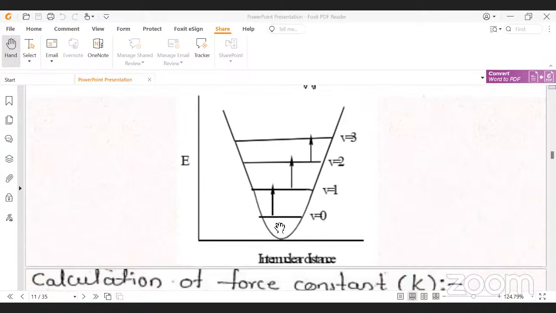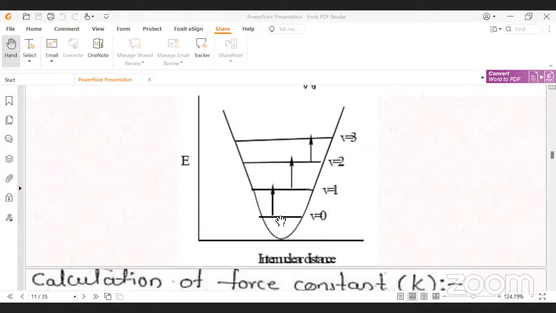Here V equal to 0 is the ground state of the vibrational energy, and this is the first excited state, the second excited state, and the third excited state.